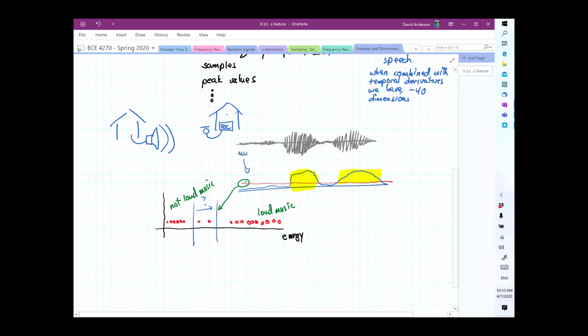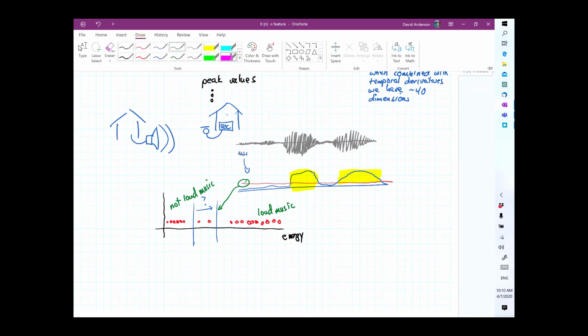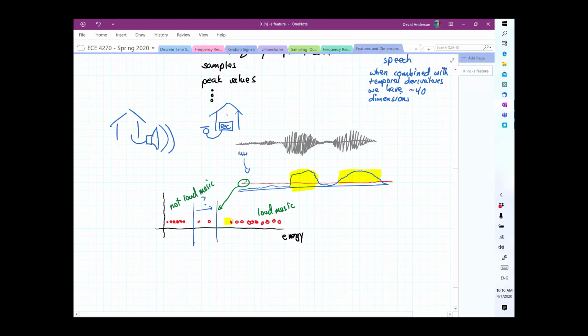Well, maybe I don't know much about my system to begin with. I just got some cheap little microphone. I don't know how well it works. So I record a bunch of samples and I make a plot like this. And then I can decide later what my threshold will be, because I have this group with loud music up here, and it's really obvious to me where the threshold would be.